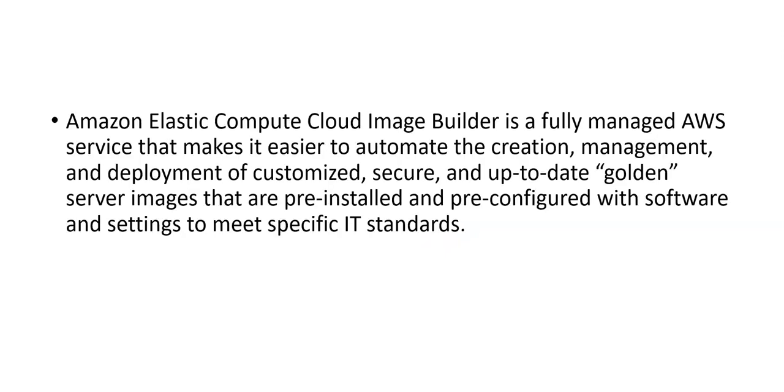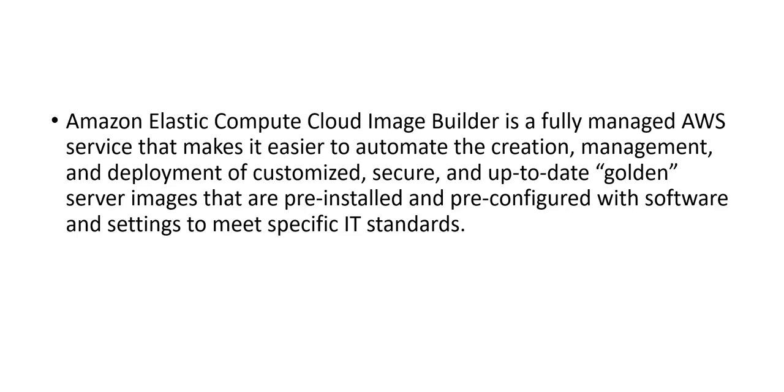So what is this? Amazon Elastic Compute Cloud Image Builder is a fully managed AWS service that makes it easier to automate the creation, management, and deployment of customized, secure, and up-to-date golden server images that are pre-installed and pre-configured with software and settings to meet specific IT standards.